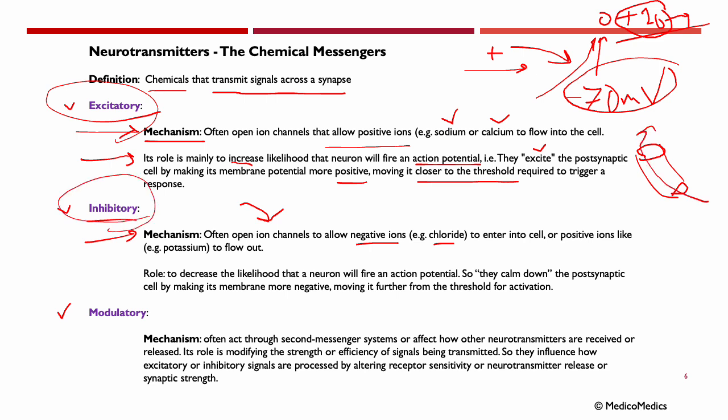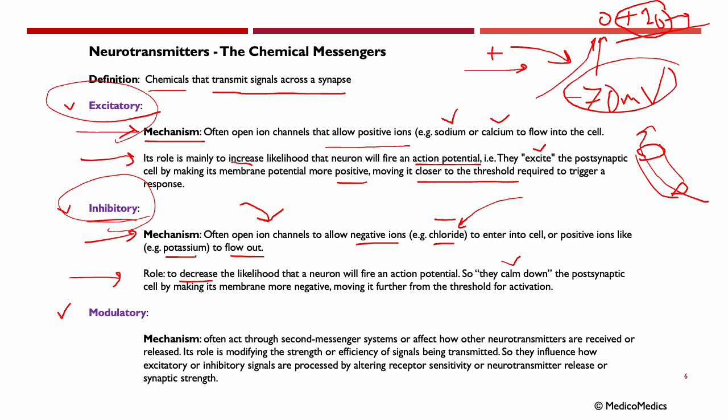So the mechanism of inhibitory is either the influx of chloride or negative ions, or the efflux of positive ions like potassium. And its role is to decrease the likelihood that a neuron will fire an action potential.